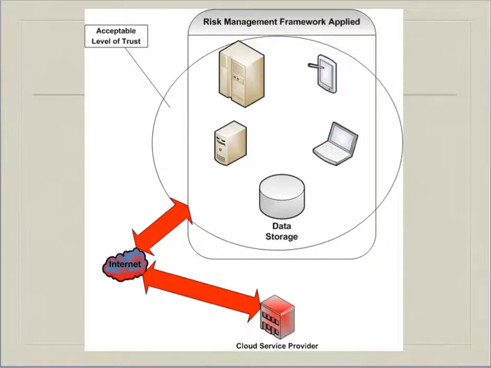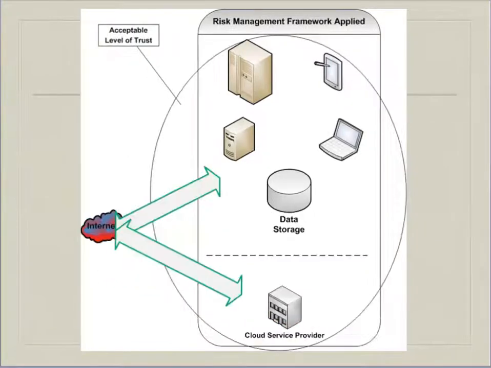Through assessments, through discussions, through review of documentation, once we approve of the cloud service provider's network segment that is communicating with our network segment, then it can look like this, where we extend the trust from our network out to the cloud service provider.